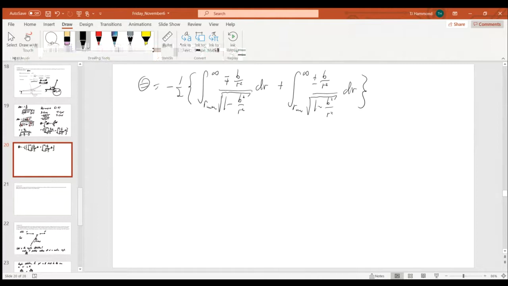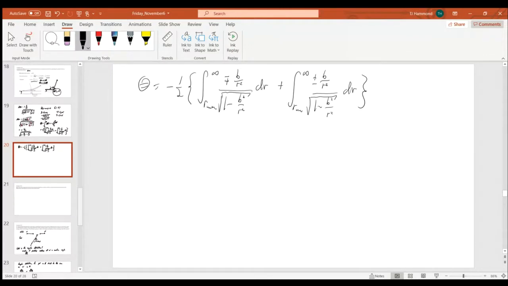Now, we have these plus minus signs here. So we can either get them to be the same, and then that just gives us 0.